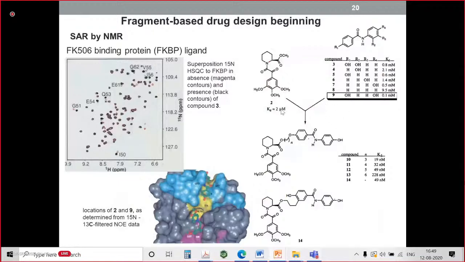And among them, this one connection showed better activity, in the nanomolar range.